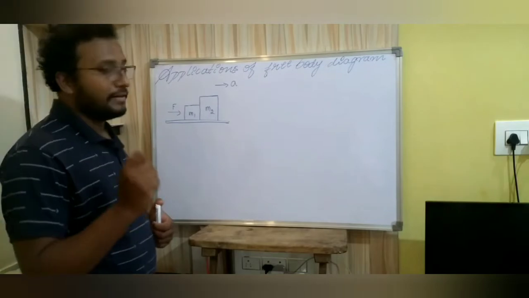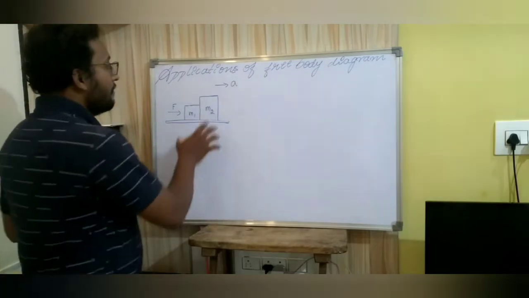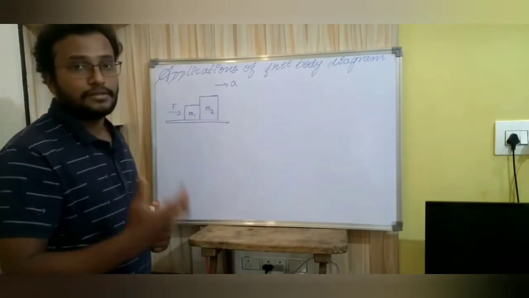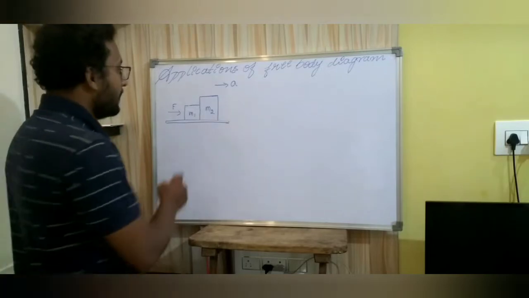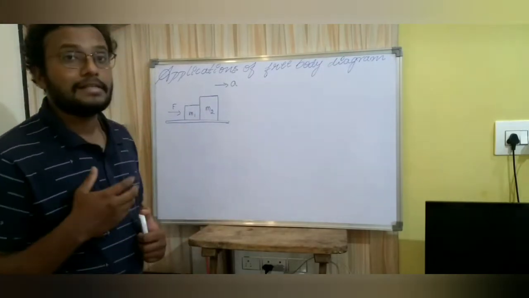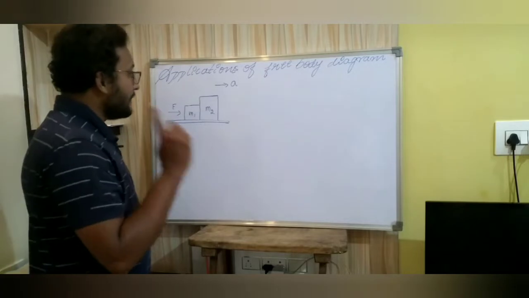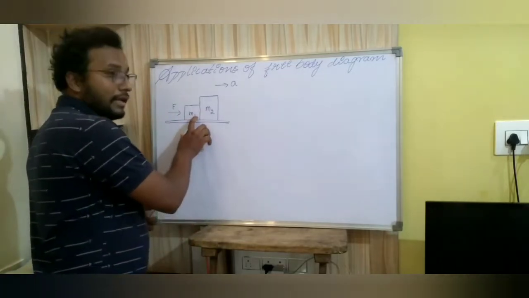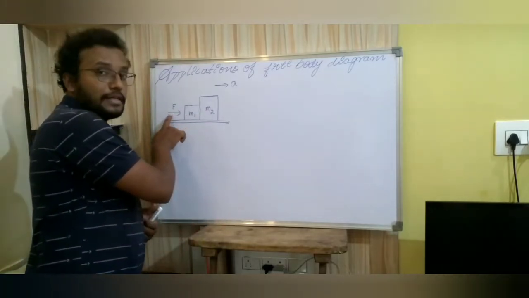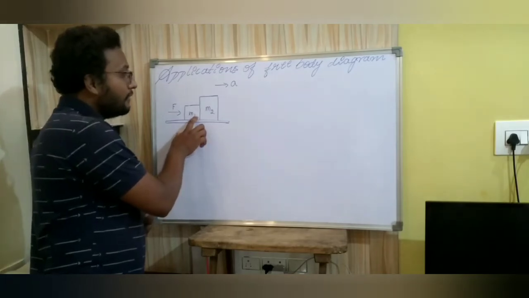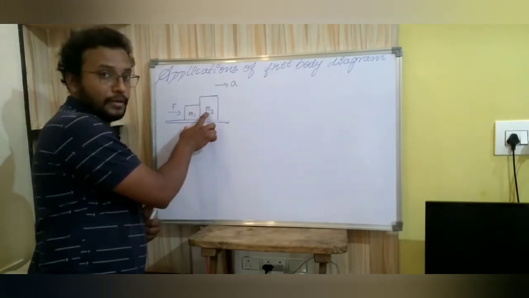And one more important thing that we have to observe here is when the system is accelerating with this much magnitude, these 2 blocks are not getting separated. But one important thing is m1, when it is pushed by this force F, is going to apply a force on m2.